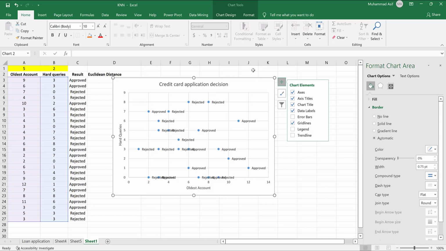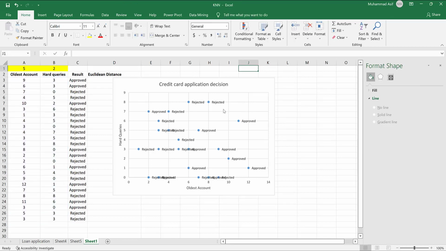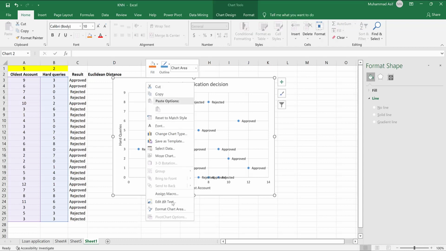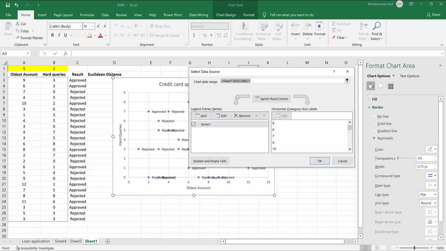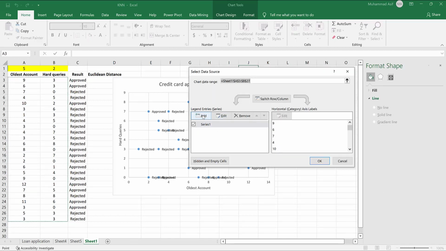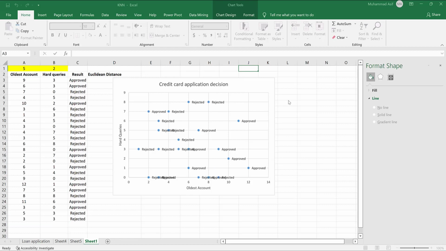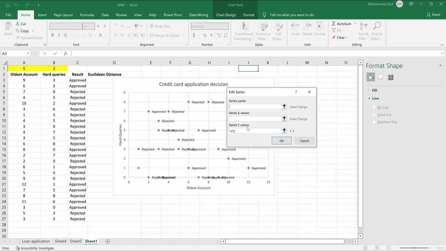Now the next thing is that these points refer to this table, and now I want to add here the values from our query, that's 5 and 2. For that, click on select data so that we can also add it there. In select data, I will add a new series, where X value will be 5 and Y value will be 2.